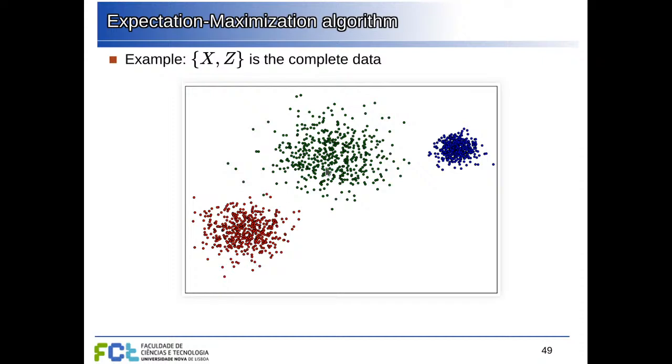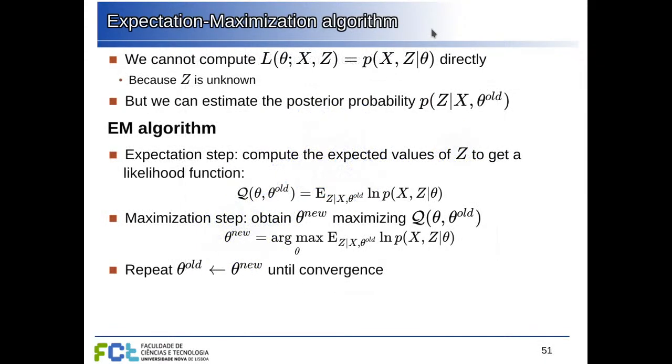If we have a guess of the positions of the centroids and the coordinates of the points, we can try to estimate to which cluster each point belongs. This is the way we can solve the problem of not knowing Z to try to find our parameters: we can start with some parameters and use that to estimate Z.